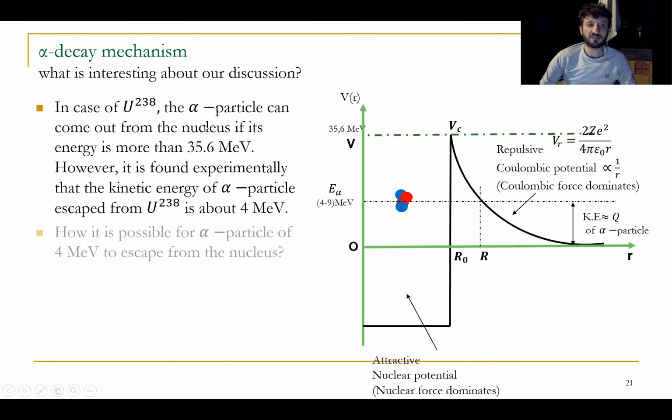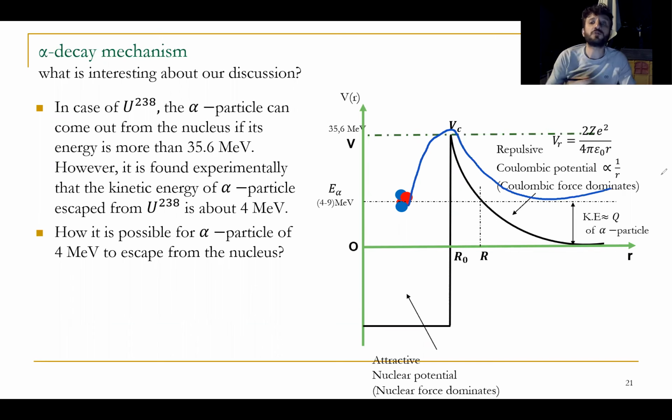Classically, if an alpha particle wants to come out of the nucleus, it must have at least 35.6 mega electron volt of energy to jump over the maximum point of the potential barrier, and finally it can move away.